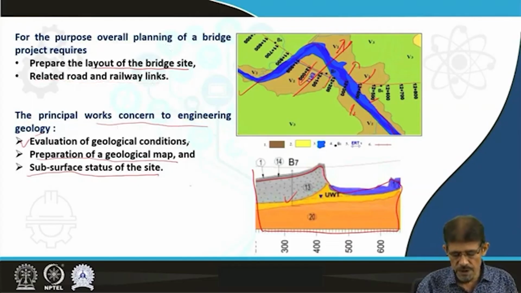The evaluation of geological condition is very important because the geological condition is responsible to bear the effective load of superstructure along with dead and live load of traffic or imposed stresses due to different works carried out on the deck of bridge.